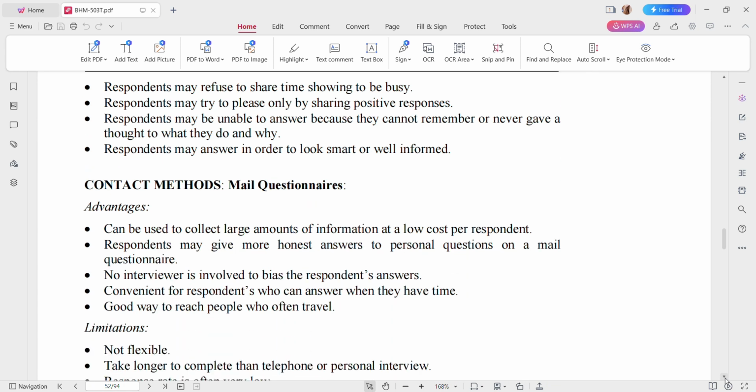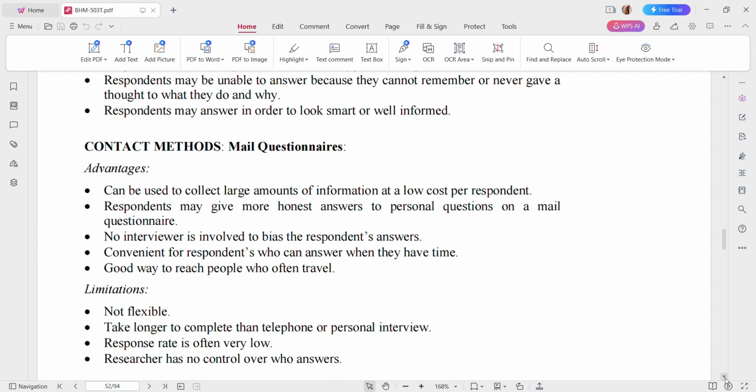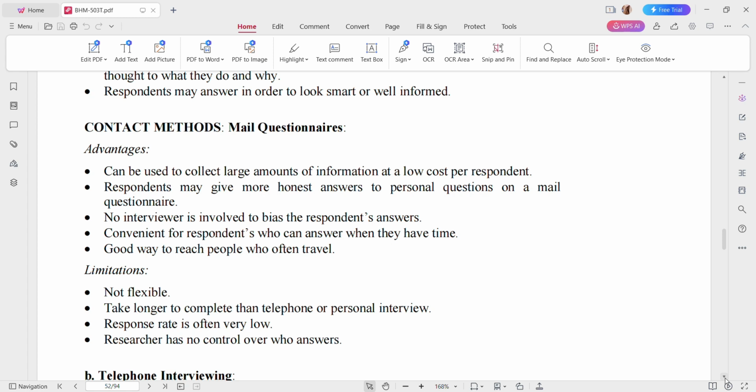Now, we also have here contact methods, may questionnaires. Ito yung ginagamit natin. We don't actually do mailing kasi ngayon email na, no? But ito yung ginagawa natin. Minsan, we can do it, no? We actually had it done with my advisee last semester.